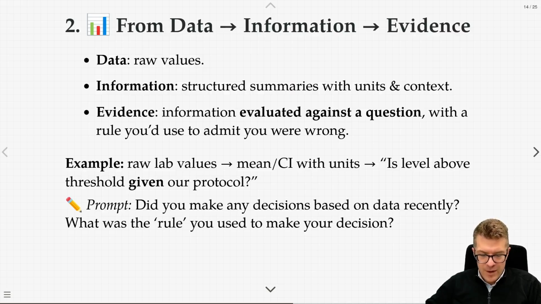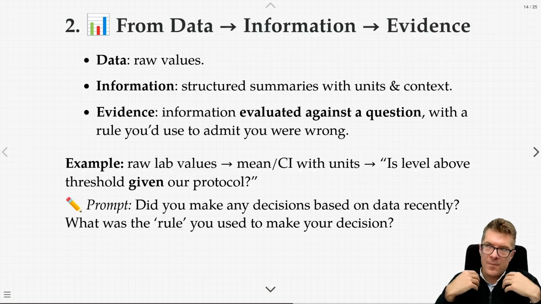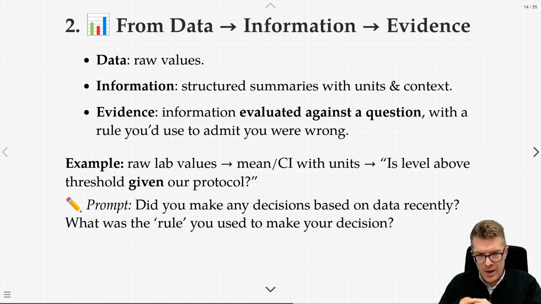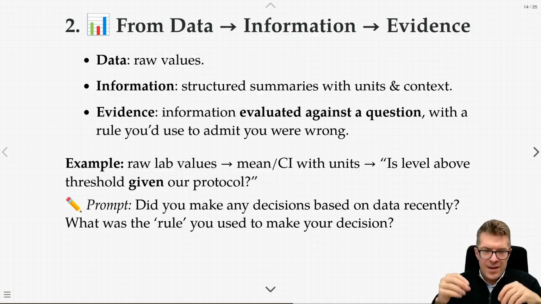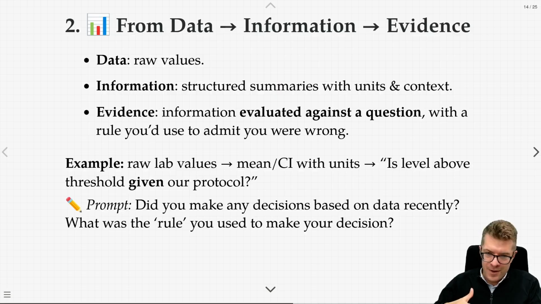Think about whether the data you looked at made you want to change your behavior in some way or take some other kind of decision. And then think about whether the rule you used for that decision was something you just came up with on the spot, or something you had previously noted as a threshold before you observed this data.